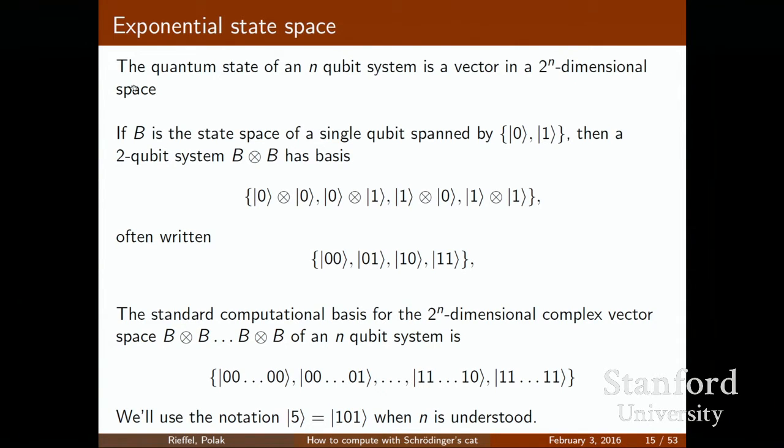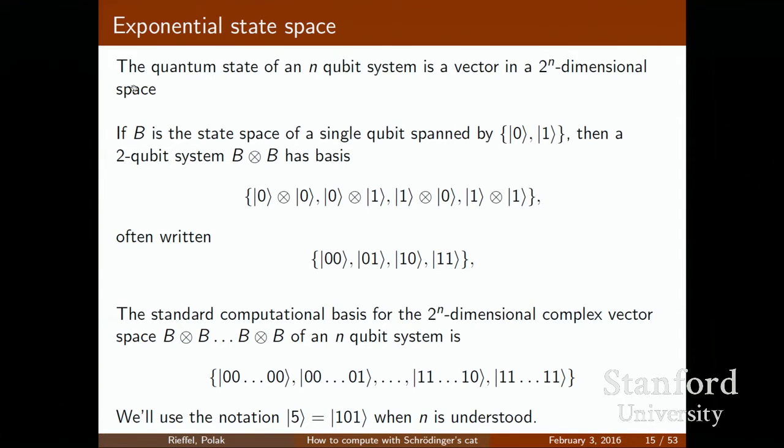So if we take a single qubit space B with a basis 0 and 1, and we construct a 2-bit system out of two of those spaces, then it'll have the basis of 0 tensor 0, 0 tensor 1, and all the combinations of these basis vectors. And since these kets are just labels here, we write this more simply by just having the bit combinations as a label of the individual basis vectors.